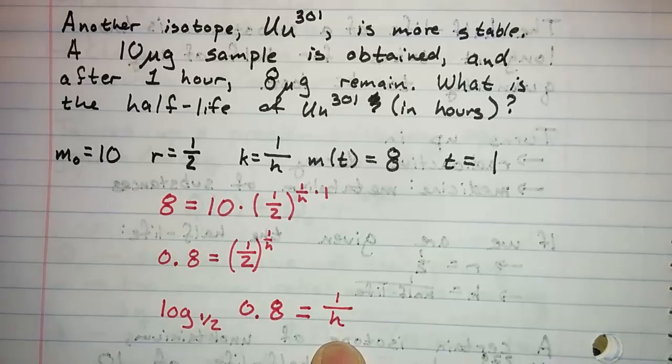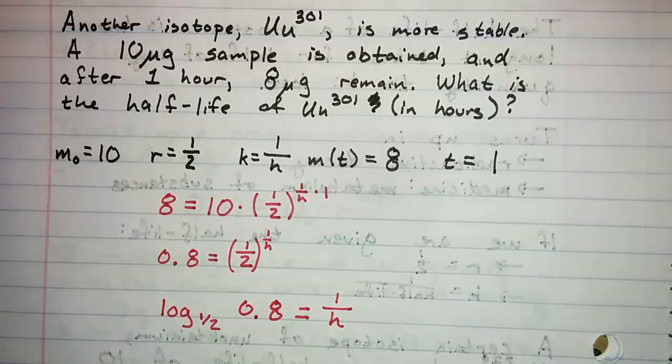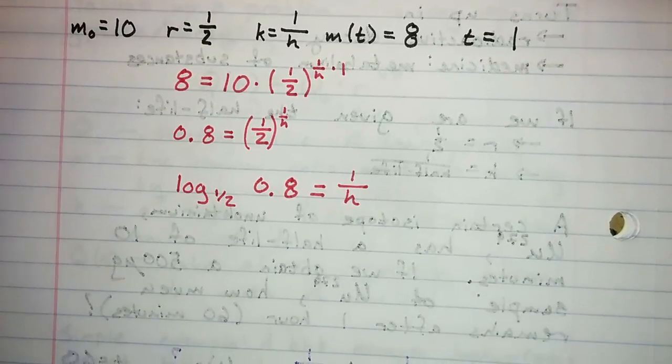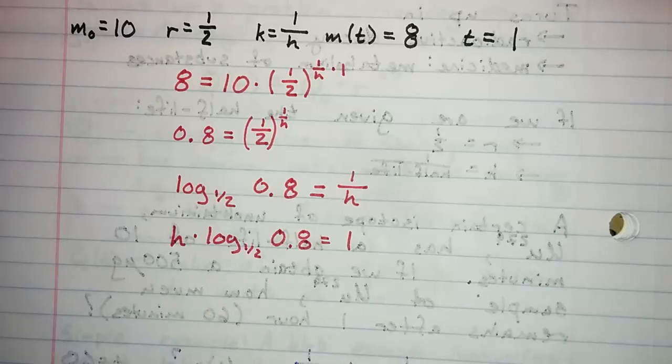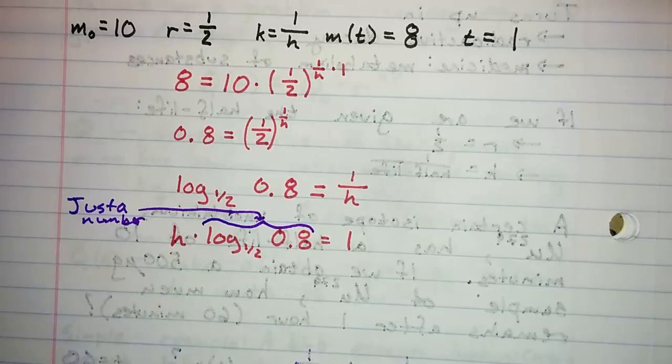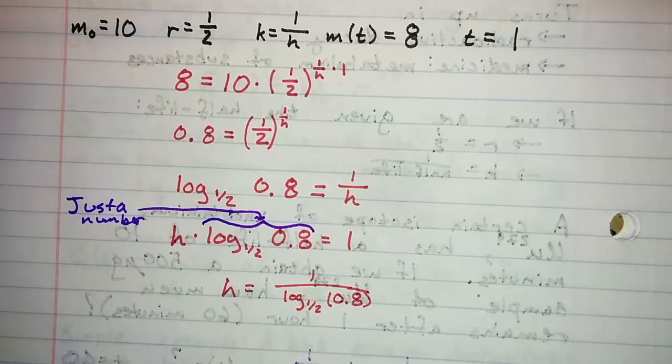In order to do that, we've got to get h out of the denominator, right? So we're going to multiply both sides by h. Oh, and now remember, this log is just a number. An ugly number, but a number nonetheless. So we can divide both sides by it. Our half-life is going to be 1 over the log base a half of 0.8.